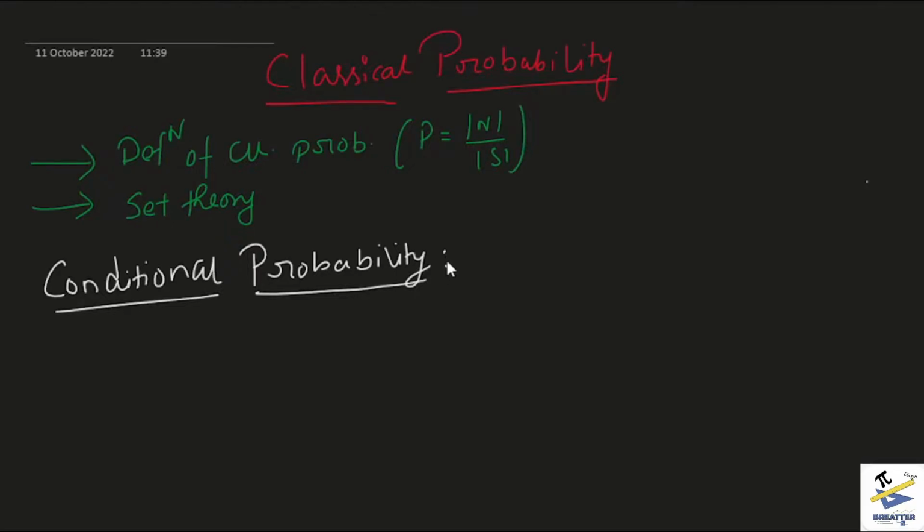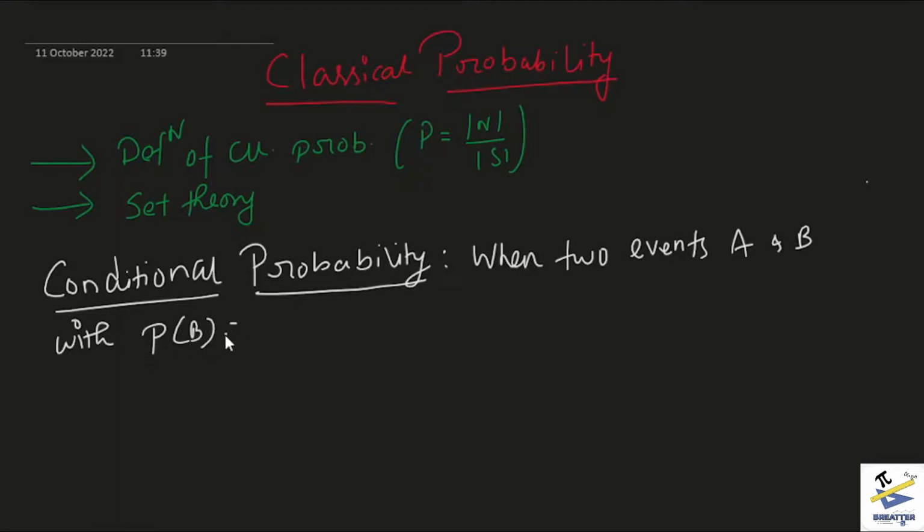So what is conditional probability? As the name suggests, conditional probability is the probability of events conditioned upon some other event. So when two events A and B with probability of B not equals to 0, or in other words greater than 0, then the probability of A given B occurs.